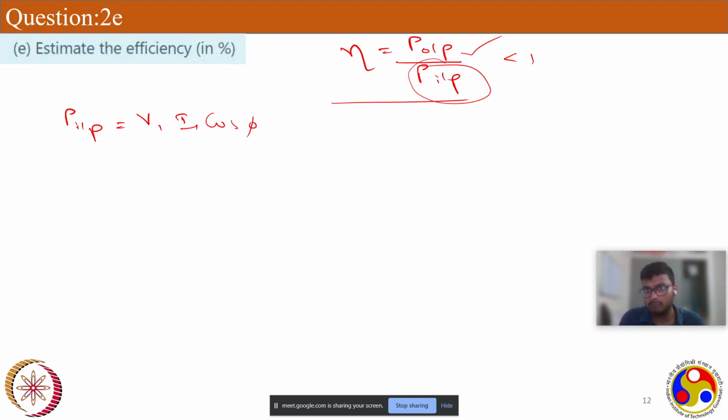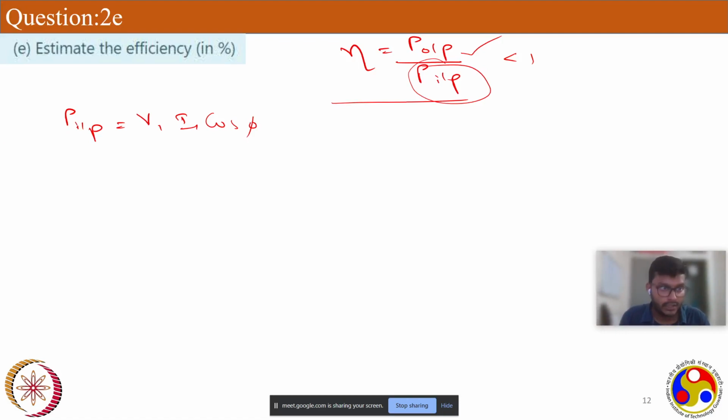Hysteresis and eddy current, the core losses and copper losses, we would have to calculate. But the easiest way is we already know V1 I1 cos phi. That is the input side. From the LV side, we are giving voltage input, we already calculated the LV current, and we know the cos phi. So we can directly calculate input without going the indirect way, output plus losses.